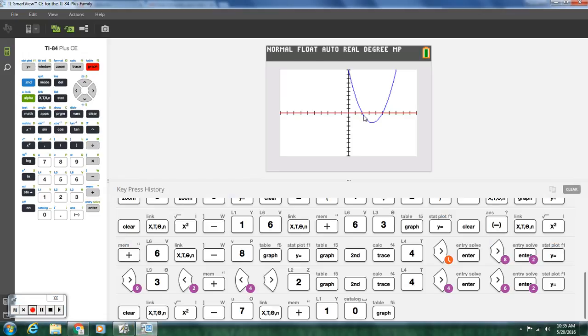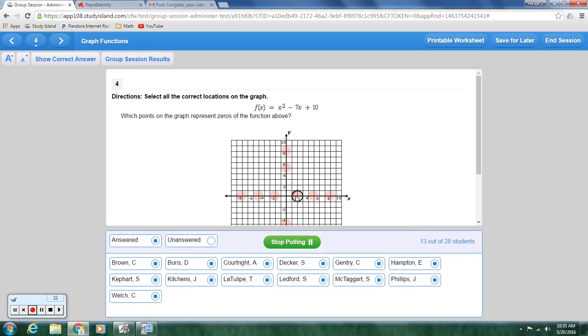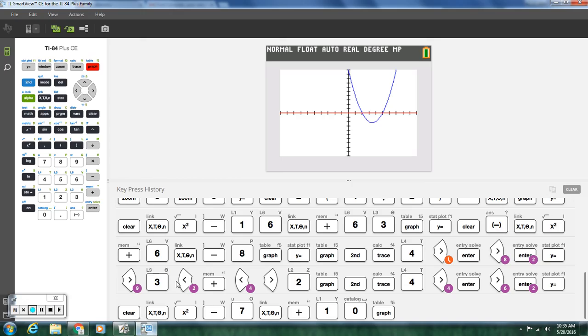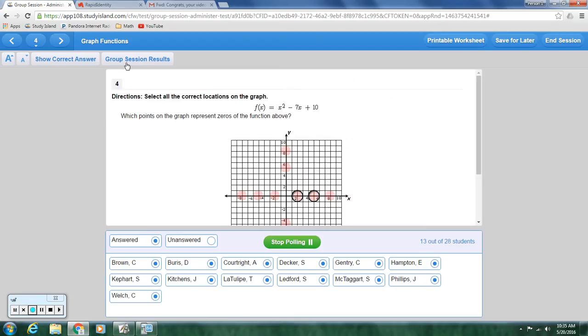It should cross at 2 and at 5, so you should pick that one and that one. Which one did you pick? Those 2 that I picked? Oh, you picked those 2. Okay, but you see on the graph where it crossed those 2, right? Okay. All right, let's try one more.